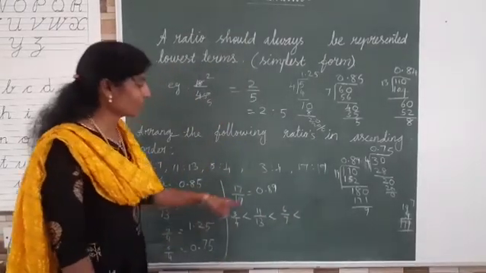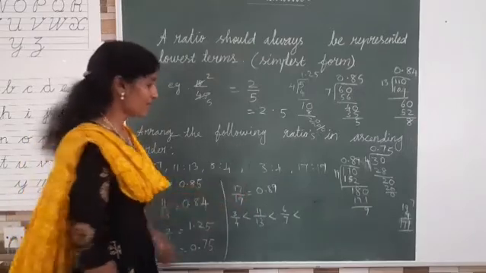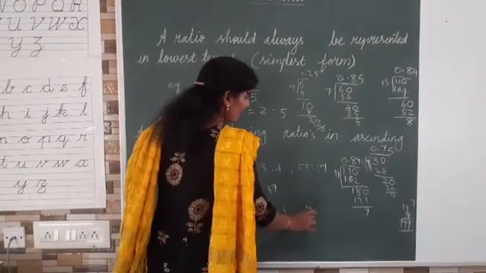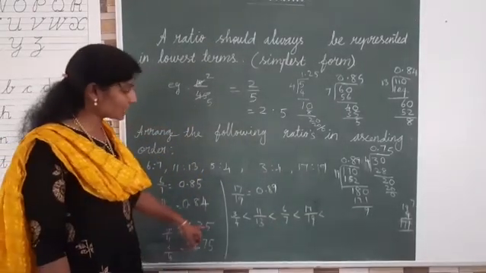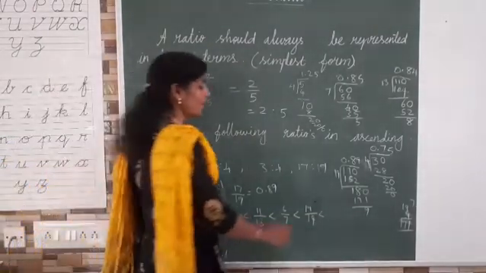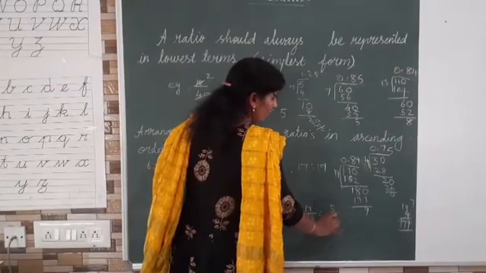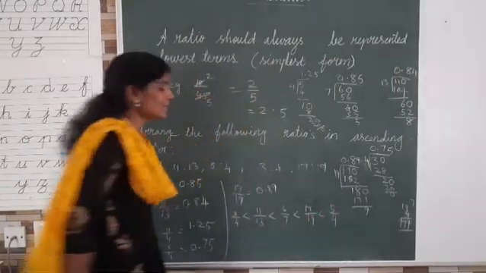Here 1 point, here 0 point, which is small. So 17 by 19 is less than the last one, 5 by 4, that is 1.25. So 5 by 4. Okay, this is the ascending order.